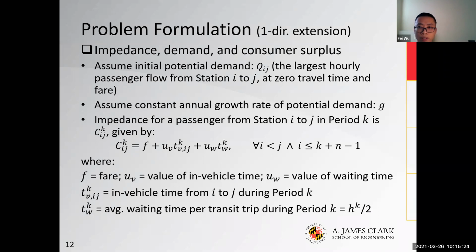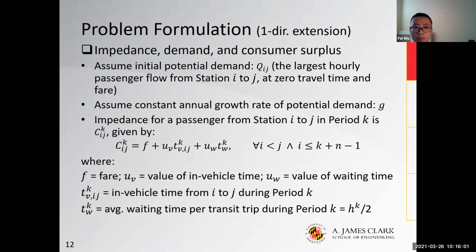So here we show the formulation for computing the impedance for passengers, the actual demand of passengers and consumer surplus. We first assume that there is a potential demand for each OD pair, and this number is for the largest hour passenger flow at zero travel time and zero fare.